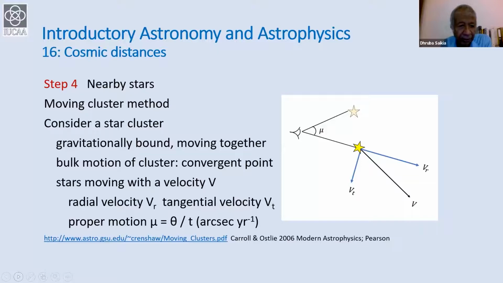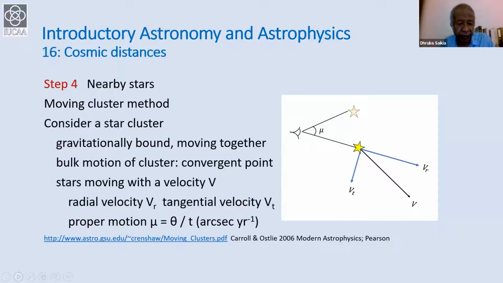What is the moving cluster method? We talked about star clusters, open clusters and globular clusters. Now let's think of open clusters which are in the plane of our galaxy. This is a gravitationally bound system. The outer members may be more loosely bound, but they form roughly around the same time. And due to the overall dynamics of the galaxy, the rotation of the galaxy, these stars will appear to be moving together.